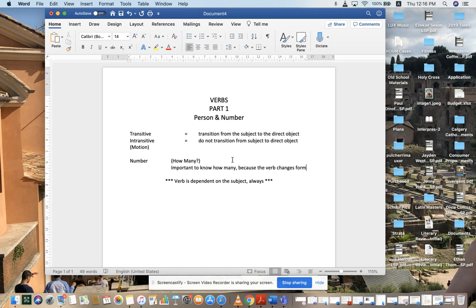If it's first person singular, there's one ending to the verb. If it's second person singular, there's another ending.